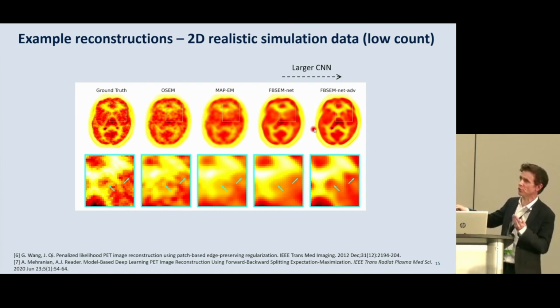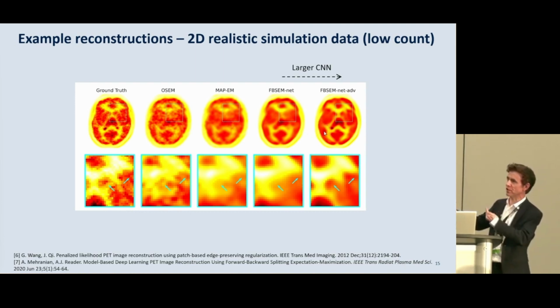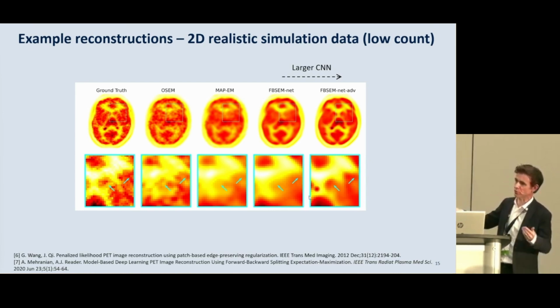And here we've not even included the MR information, but when we do include the MR information into that CNN, then we can get even better outcomes. And that's what I did with Abolfazl. That's what he implemented some time back. If you want to see better results still for FBSEMnet, please do consult that original paper.